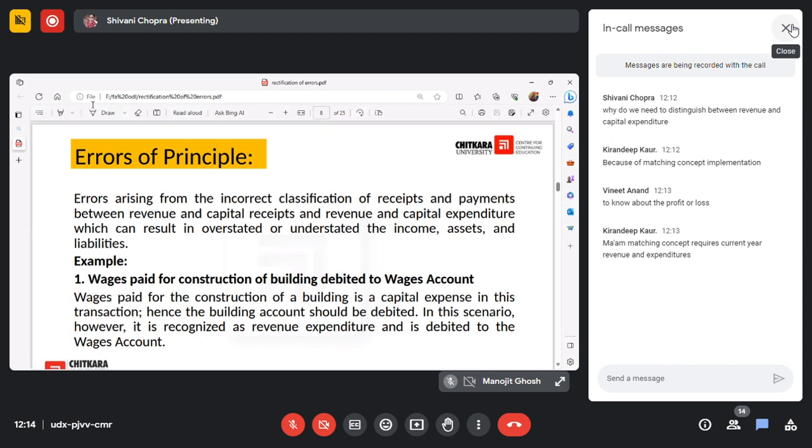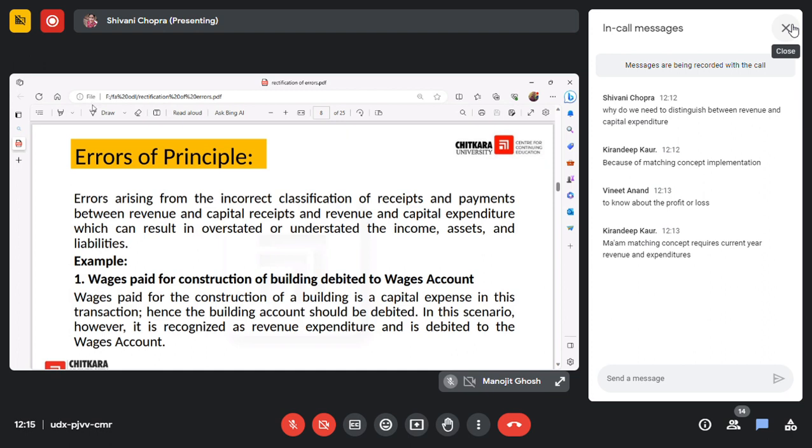So, for example, wages paid for construction of building debited to wages account. Construction of building. This was a capital expense. This should have been capitalized. Capitalizing this means this should have been added to the value of an asset and should have been indicated as part of an asset, and would have been written off over a period of time.